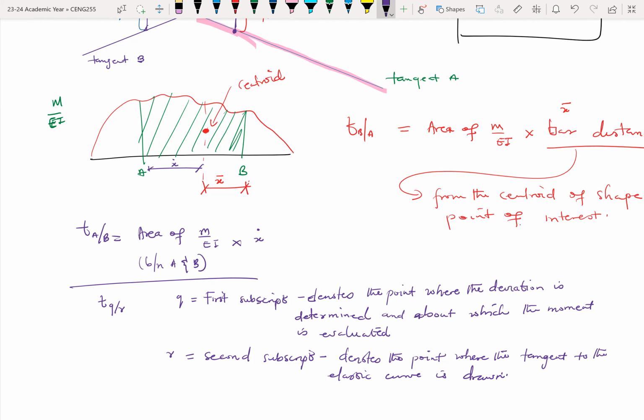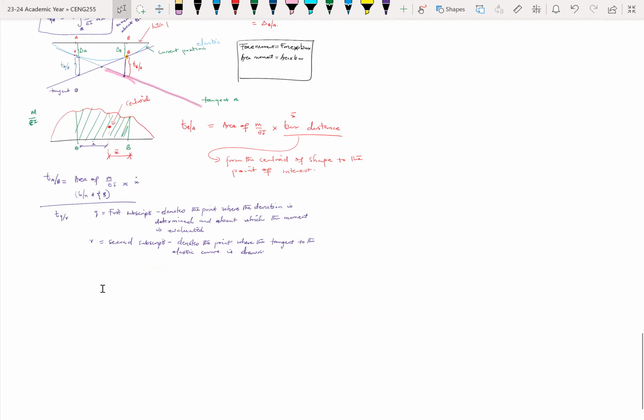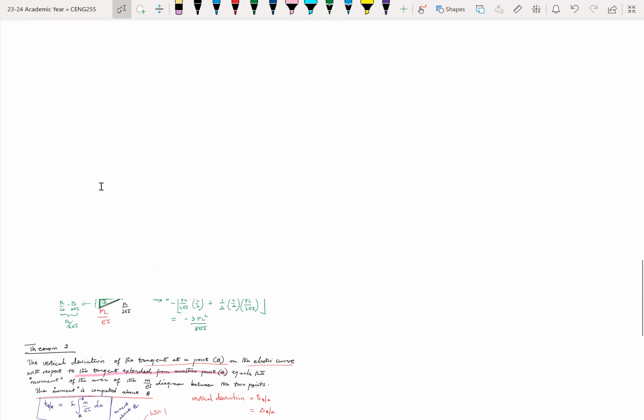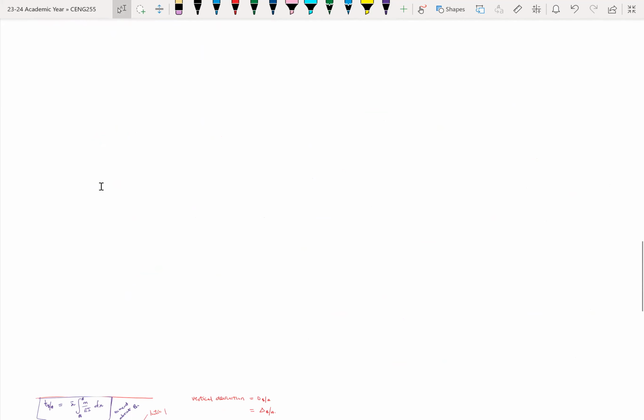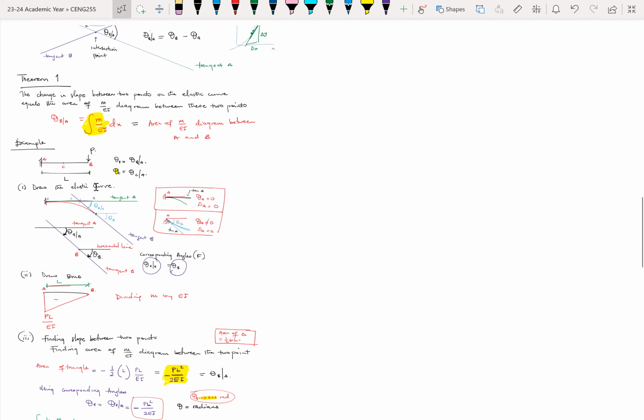So let's look at our previous example. I'll just bring that one up. The same example. I have this example. Let me copy everything. Hopefully it copies.